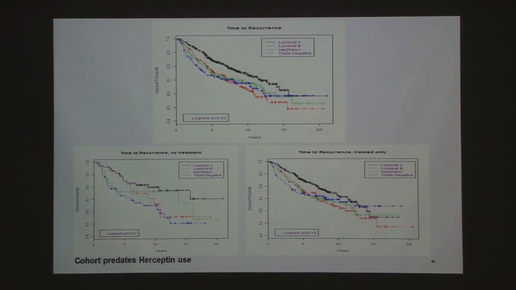And even though there were some patients who probably would never be treated, now that we know that they had triple-negative disease, you can see that they were the poorest survival group. This is what you would expect, and it is statistically significant between the groups. This was the baseline looking at the time to recurrence.